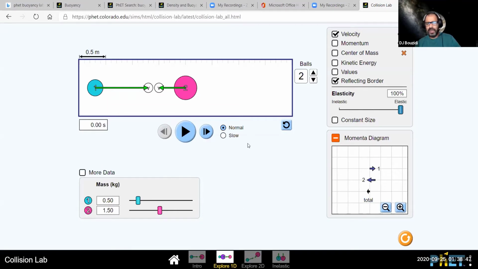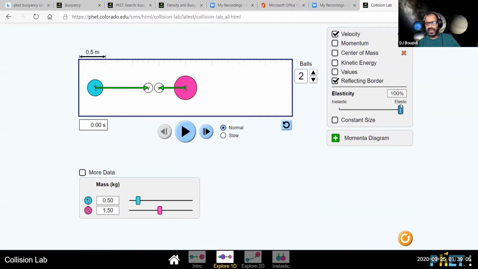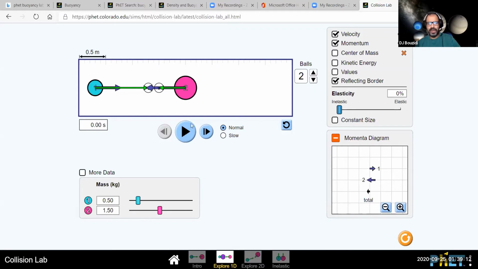If you completely need to start all over because you put so many numbers in and you don't remember exactly where you were, you can always come back in here. In either case, you have to show the diagram, make sure the elasticity is back to 0, turn on the momentum, and you're back to where the instructions told you to start.